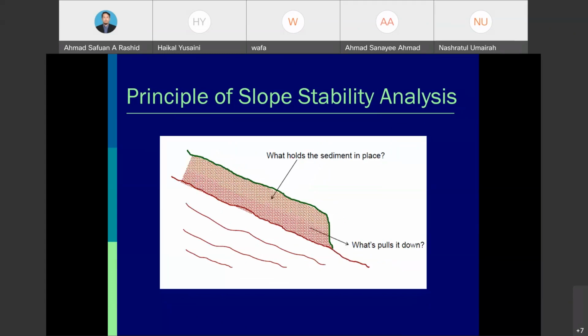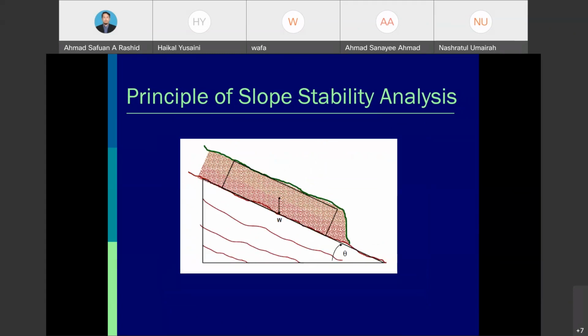What holds the sediment in place and what holds it down? So we put in a block type analysis. We have here the degree of the slope in theta, and we may assume this block has a width of W.